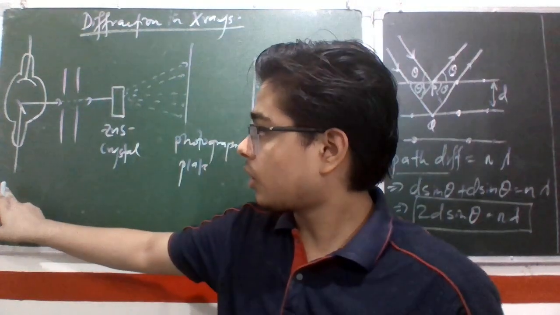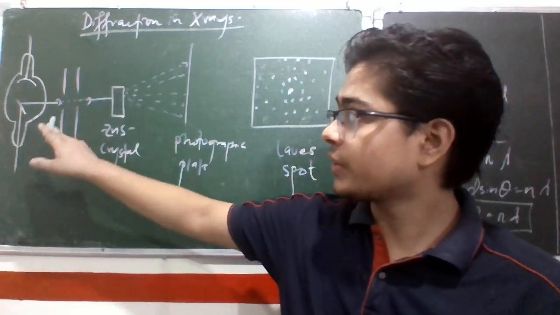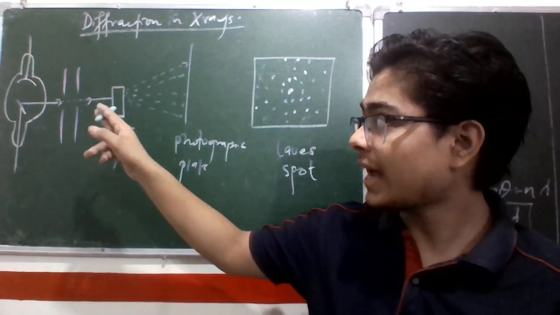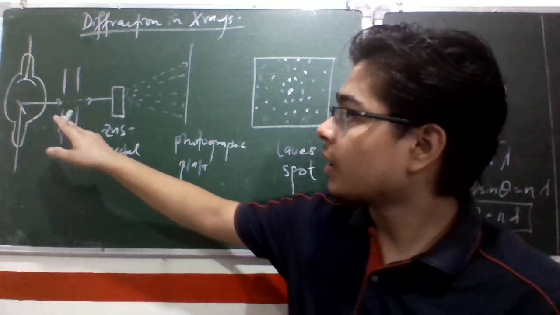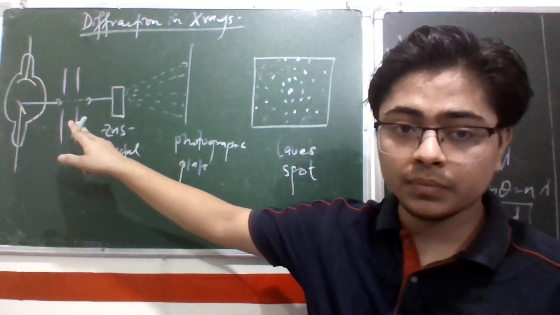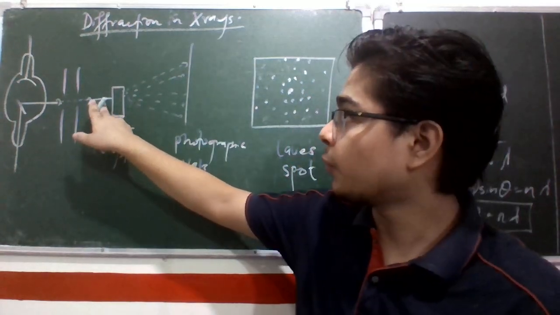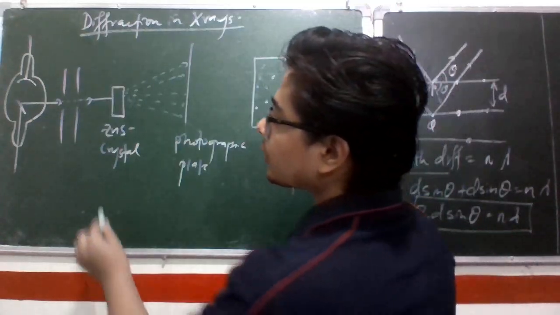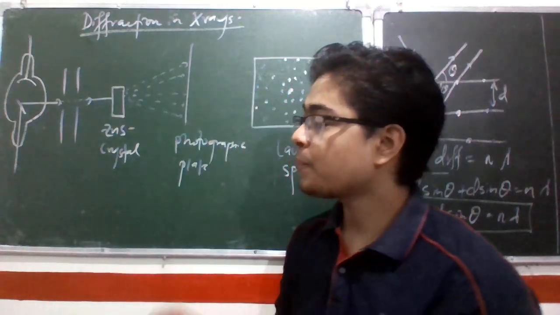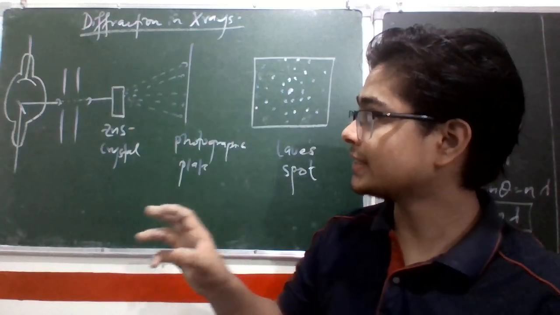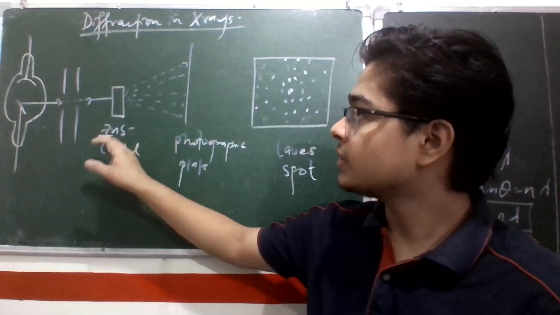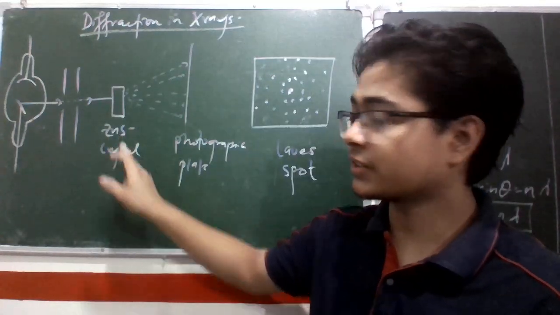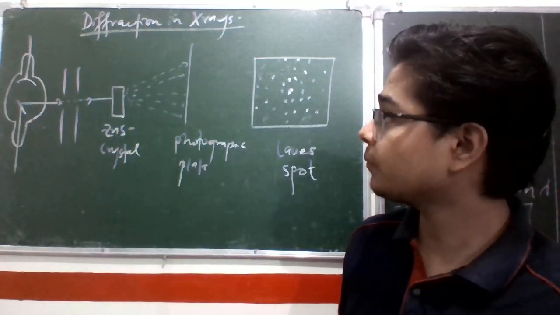We have a Coolidge tube through which the X-rays are being produced, and these X-rays are passed through slits until we get a monochromatic beam of X-ray. When we get the monochromatic beam, the X-rays are incident on the crystal, and here we have a ZnS crystal, zinc sulfide crystal.